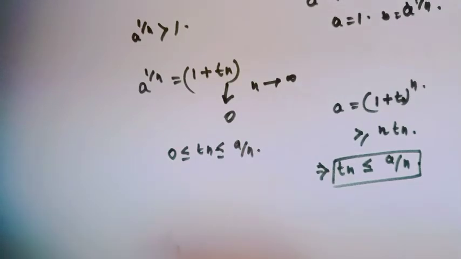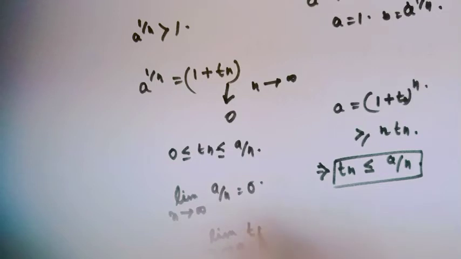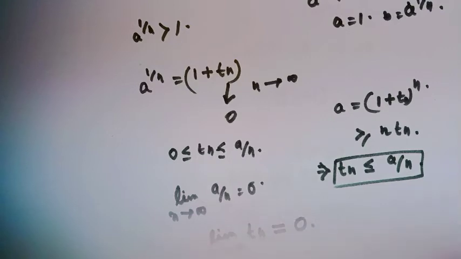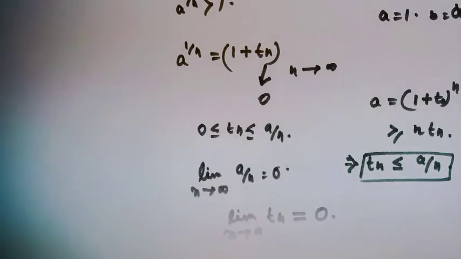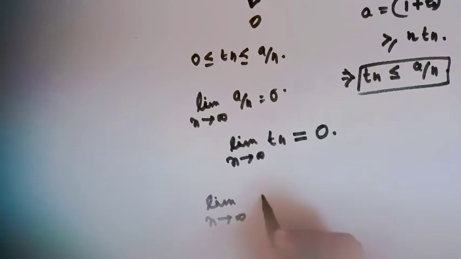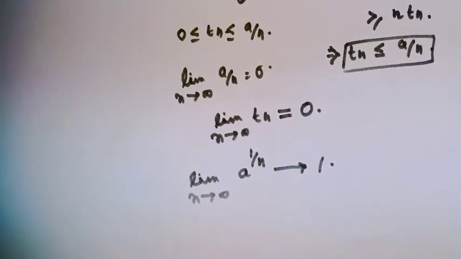Now apply the squeeze lemma. The limit as n tends to infinity of a over n equals 0. That means the limit of tn must be equal to 0 by the squeeze lemma. That means the limit as n tends to infinity of a to the power 1 over n must go to 1. And our proof is done.